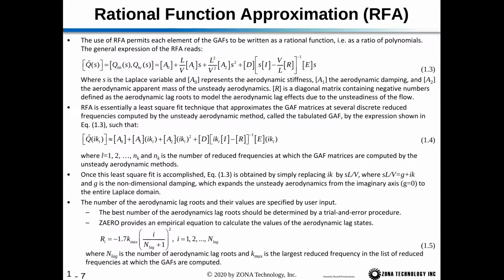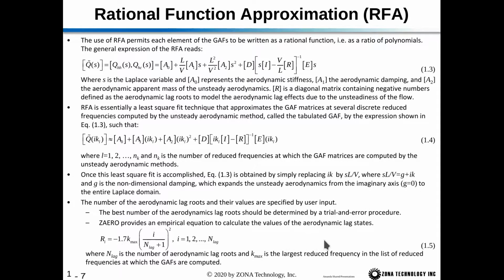So if you do not specify the values of those lag roots, you only specify the number of lag roots, ZAERO will calculate those values for you based on this equation. nlag is the number of aerodynamic lag roots, and Kmax is the largest reduced frequency in the list of reduced frequencies at which the GAFs are computed.